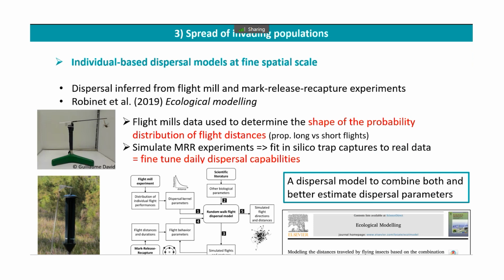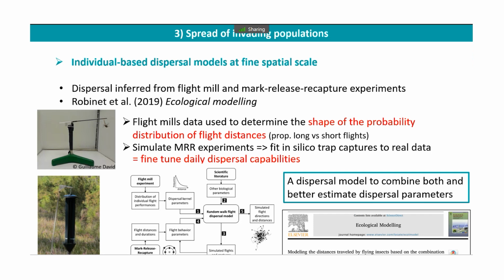So a few years ago, I think it was published in 2019, we combined both data sets. The data from the flight mill experiment were used to shape the probability distribution of flight distances. This was used to know the proportion of long-distance flights versus short-distance flights. Then we used this kernel, this probability distribution, to simulate the mark-release-recapture experiment. And then we wanted to fine-tune the parameters to estimate more precisely the mean dispersal capability.